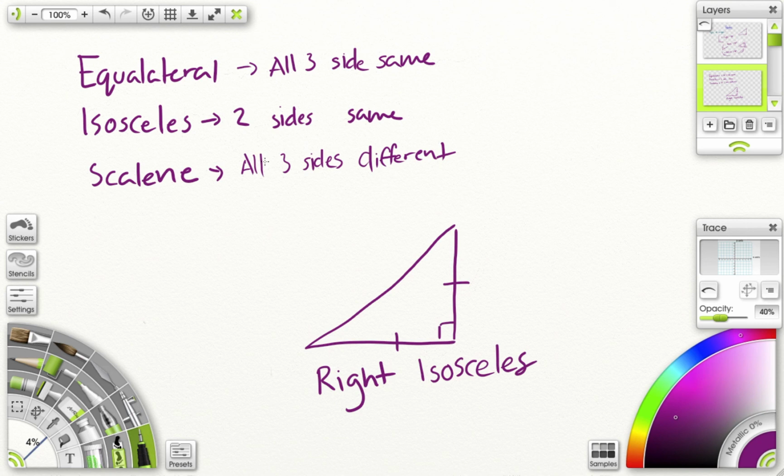A scalene can be a right angle triangle, it can be acute, or it can be obtuse. Equilateral is the only one that's really consistent, that equilateral triangles are always acute. The other two can kind of throw you off. So that's why you have to pay attention to the little markings on triangles to help you out.